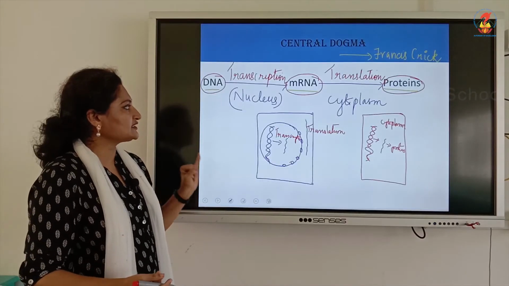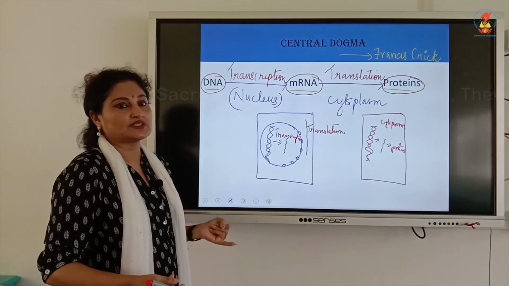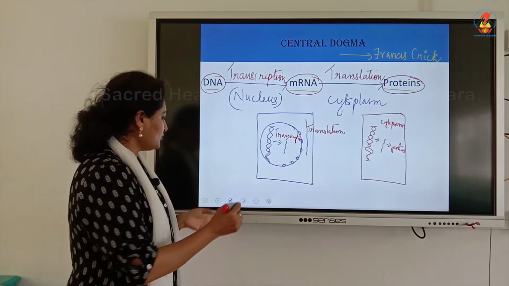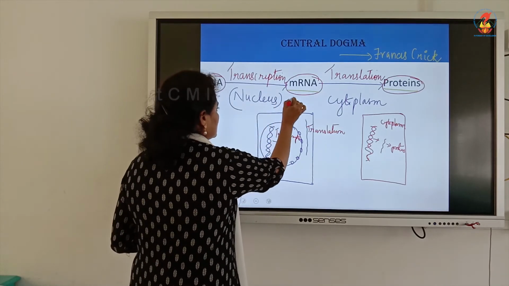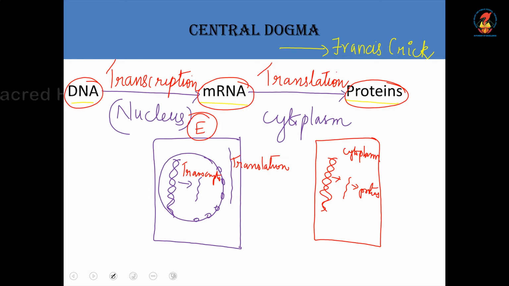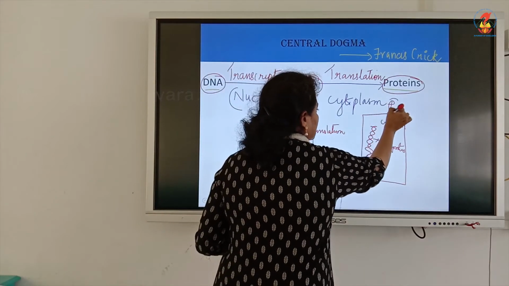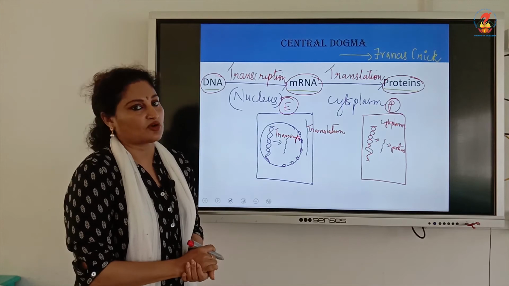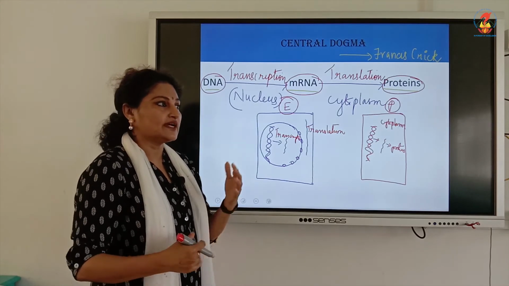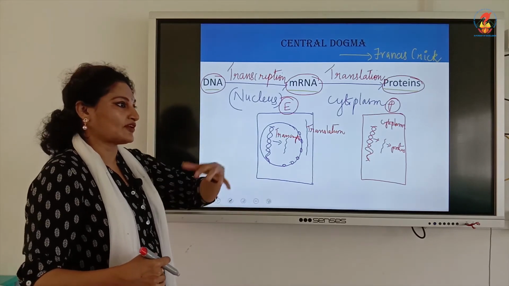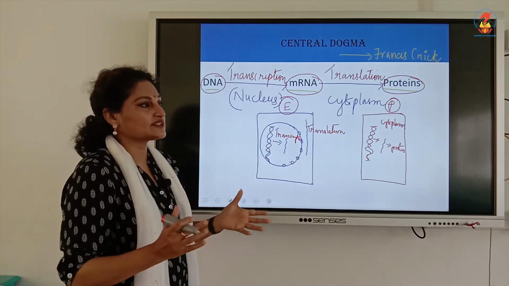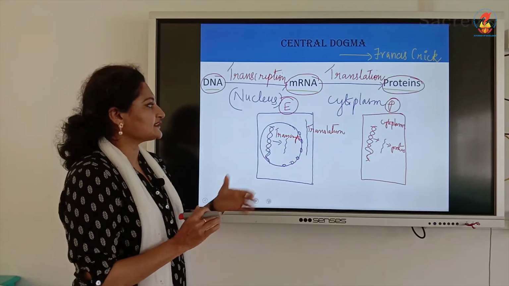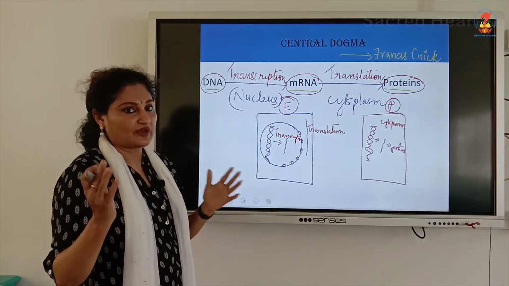Now, we saw the first difference is where transcription and translation are occurring. In eukaryotes, transcription is occurring in the nucleus and translation is occurring in the cytoplasm. Whereas in prokaryotes, transcription and translation both are occurring in the cytoplasm or the cytosol, because there is no distinction of the nucleus from the cytoplasm, or there is no such well defined nucleus in the prokaryotes, as you very well know.